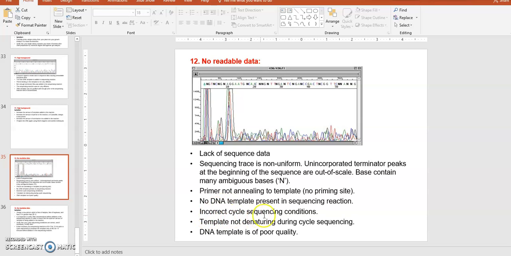And incorrect cycling of the sequencing condition. If you're using PCR, maybe your thermal cycle was not generated correctly and the temperature is not denaturing the template DNA during the cycle. Or the template DNA is very poor quality. All those reasons can cause this non-readable gibberish data.